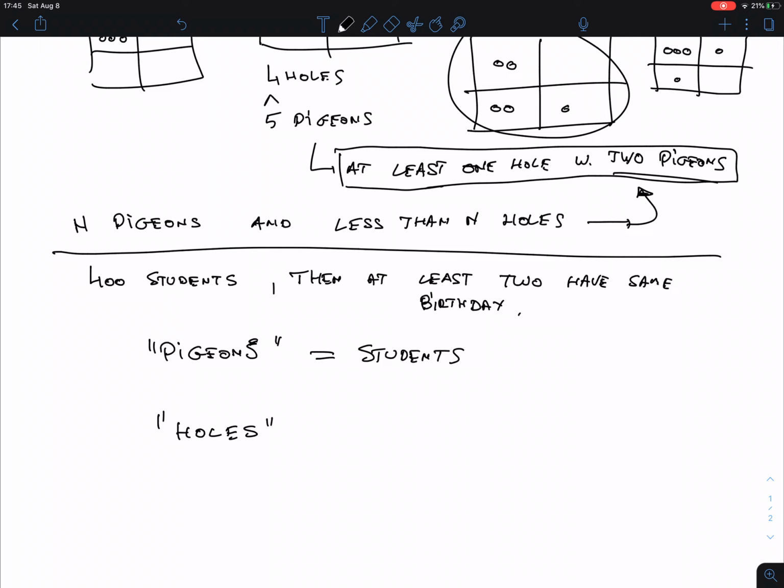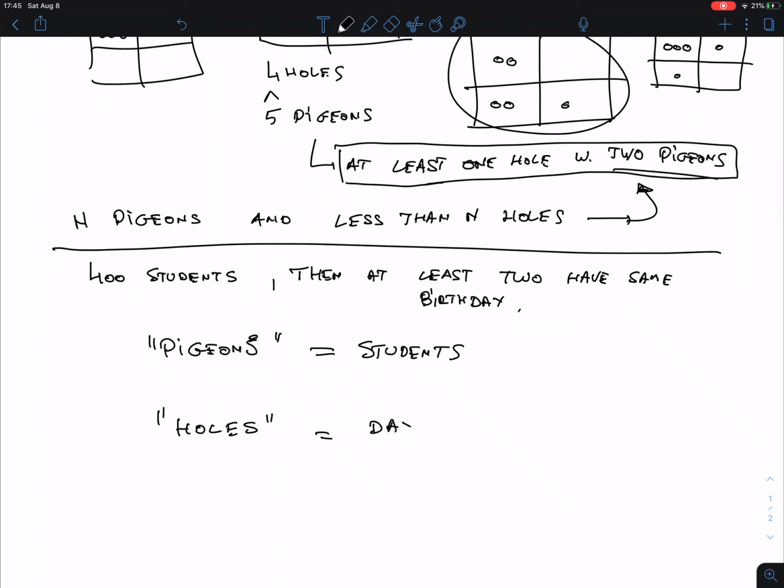Sometimes there's nothing material, there's not a physical object here. The holes are the days of the year, because everybody fits in exactly one day of the year.